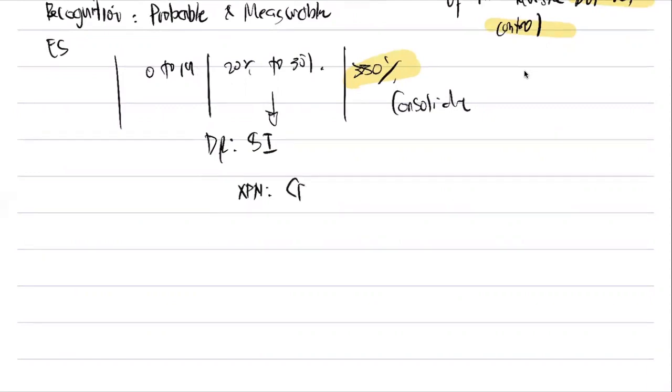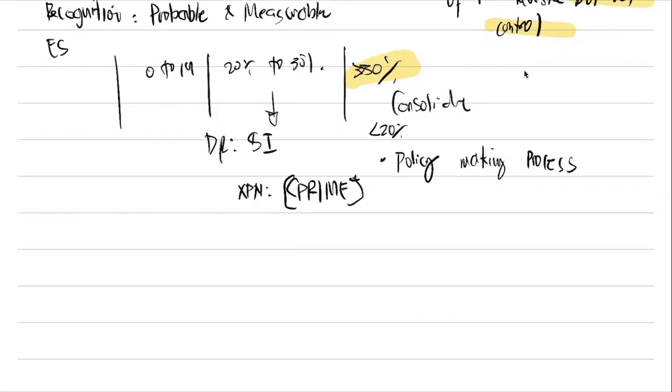So we have this mnemonic PRIME. So under your mnemonic PRIME, what are the exceptions? First, even if you have less than 20%, if you are active in the policy making process of the investee, then we can have an investment in associate. Then we have here representation in BOD.